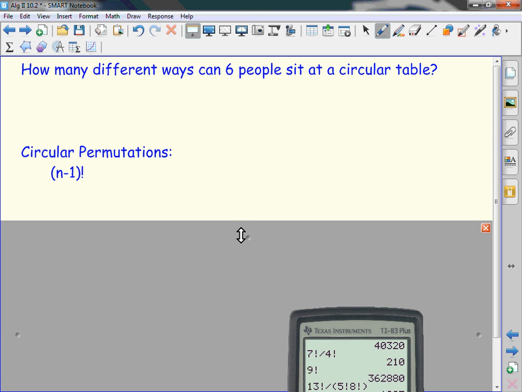And that's it. 6 minus 1 factorial. So how many people are there? There are 6 people, minus 1 is 5 factorial, and we did 5 factorial at the beginning. There's 120 different ways you could sit at the table. If it's ever talking about in a circle, that's what you use.